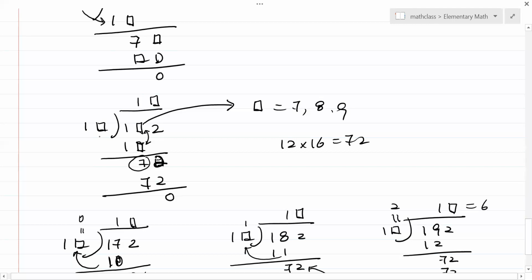not 72, sorry, it's this number times 6 times 7, sorry. So in order to, there's another possible way, maybe 16 times 2, right? But it's not going to get 72. So that's the only possibility.